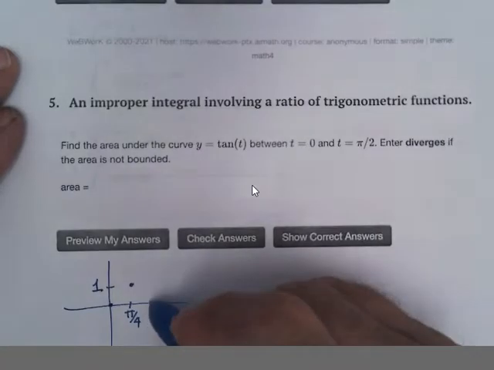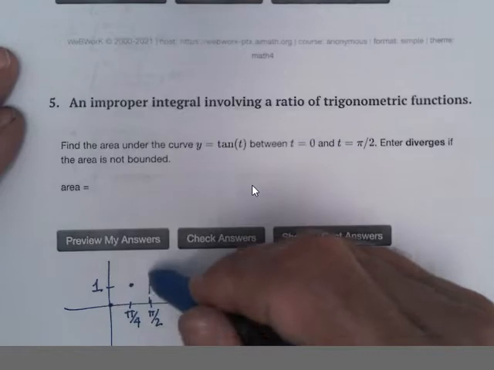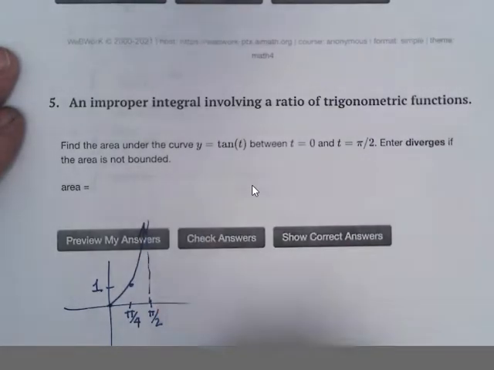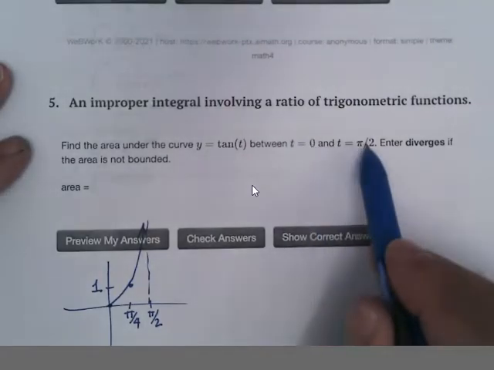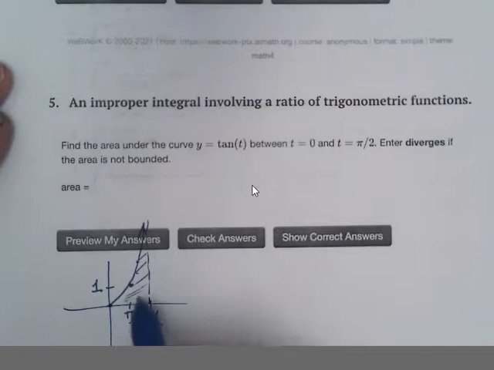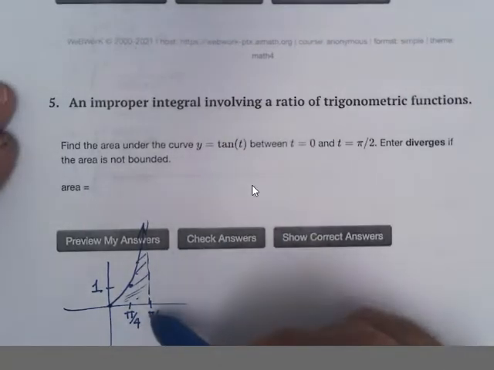And the tangent of pi over 2 is an asymptote. And they want us to find the area from 0 to pi over 2. So they want this area. So the problem is at pi over 2.